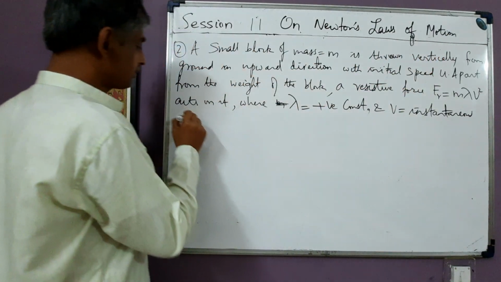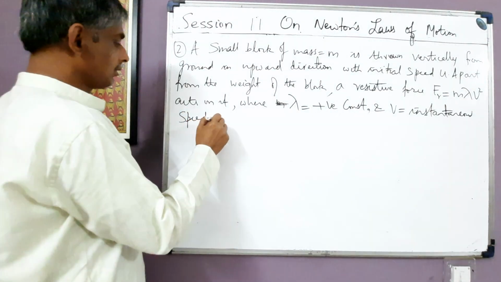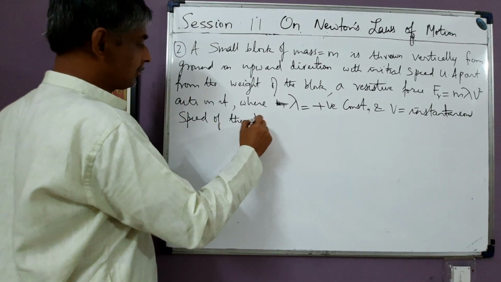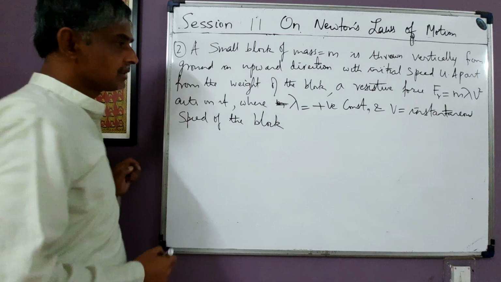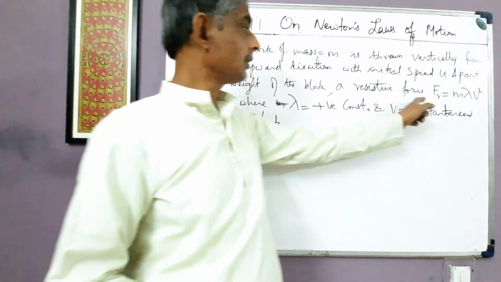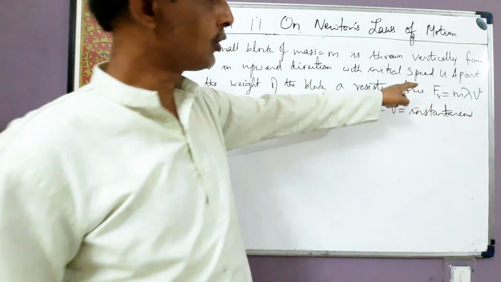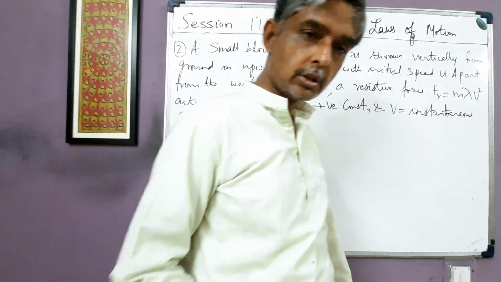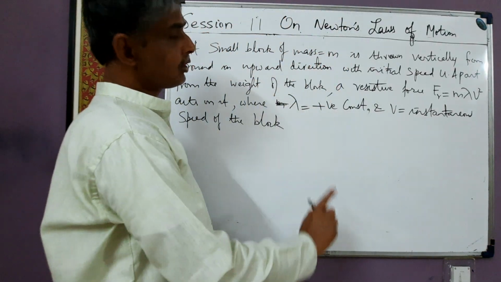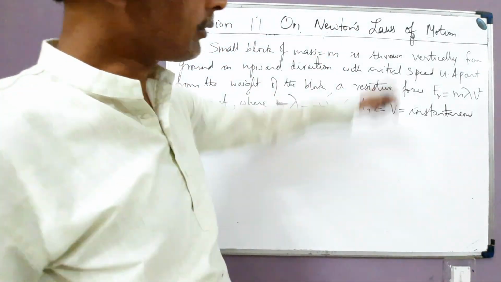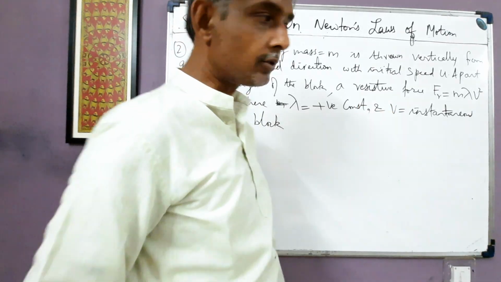The resistance force implies that the force on the block is opposite to its motion direction. This means that since the block is moving upward, the resistance force on the block will act in downward direction.